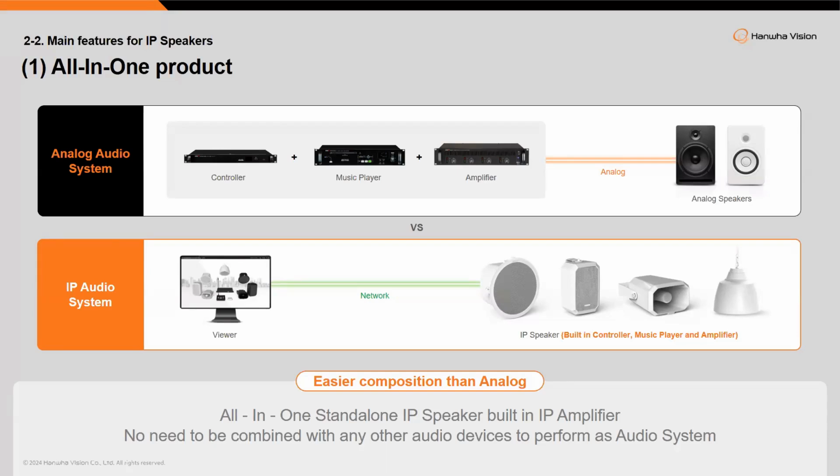So we are replacing all of that with, like I said, a network speaker. They plug in with your PoE or PoE Plus into the network, and then you configure everything through a web interface. So very easy to install and operate.